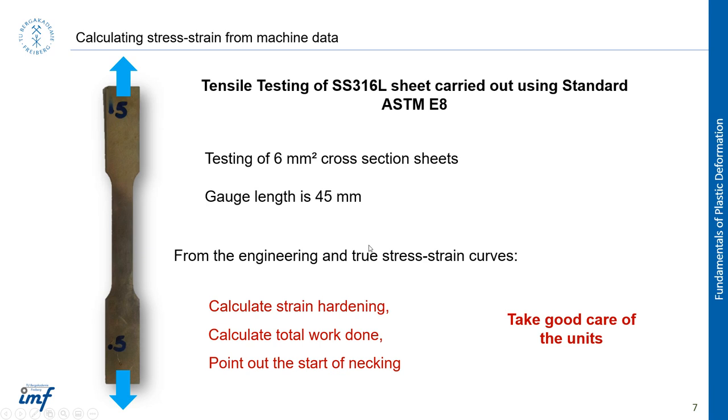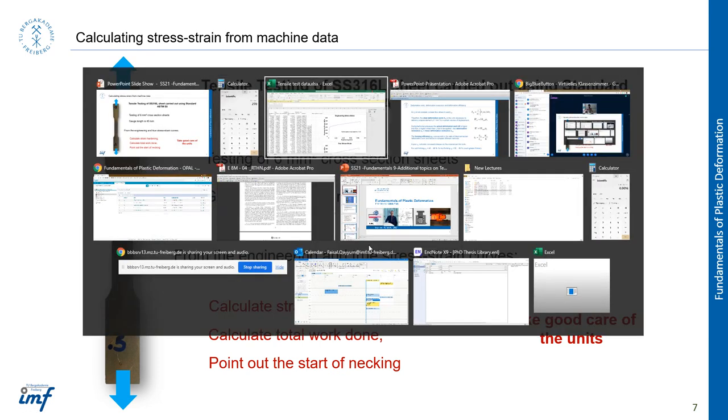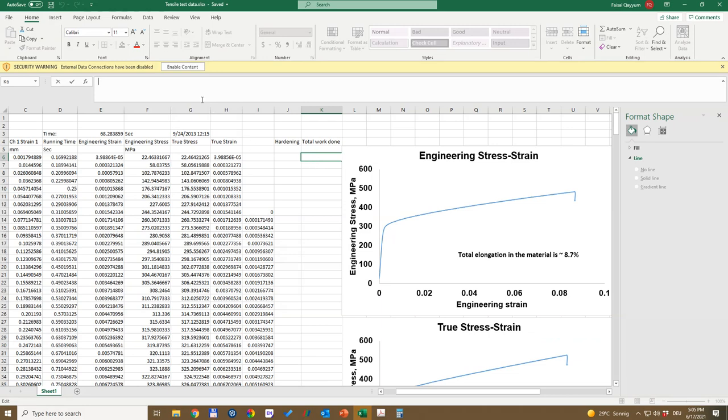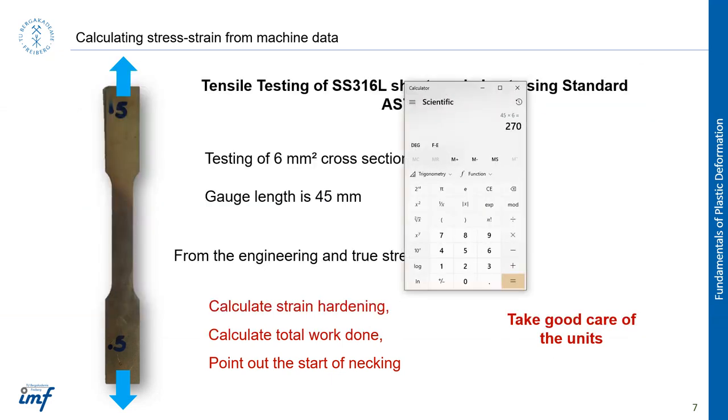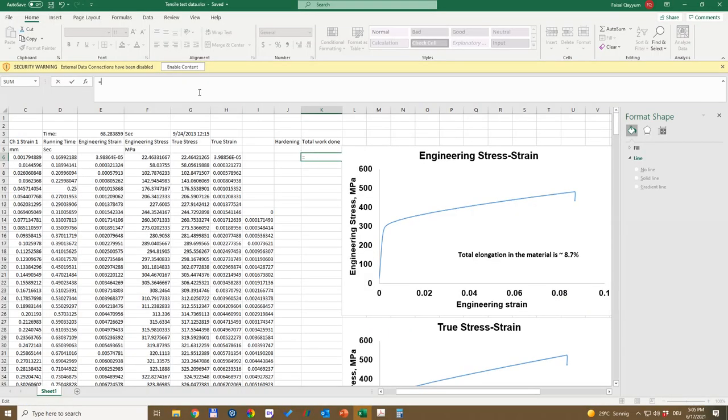I would like to use meter units, so it is 270E-9 meter cube, multiplied by true stress multiplied by true strain.